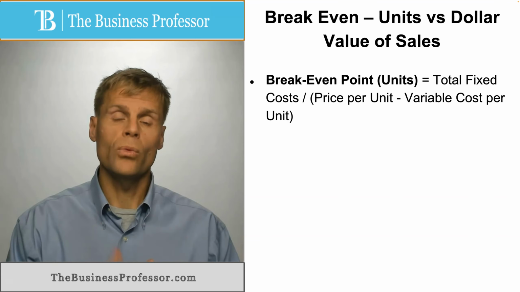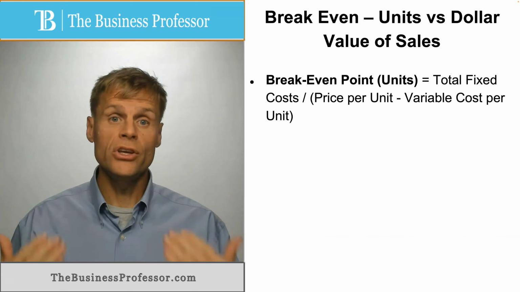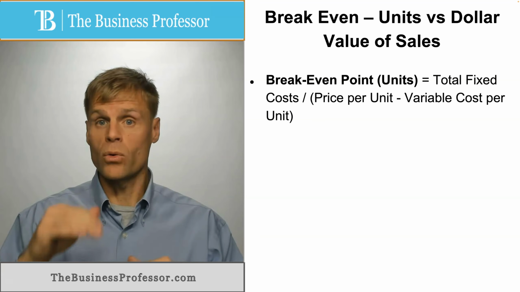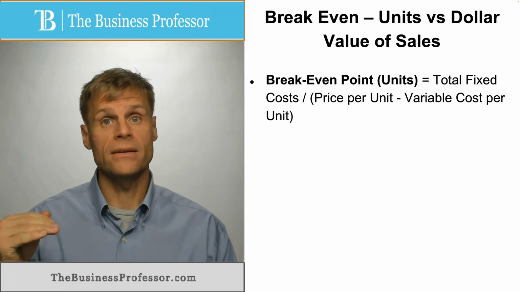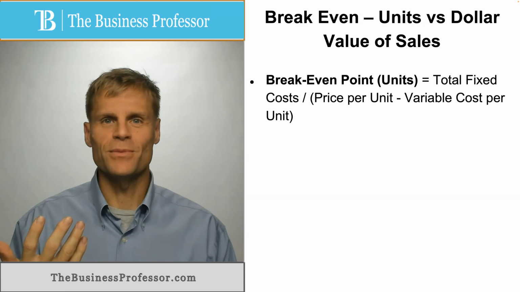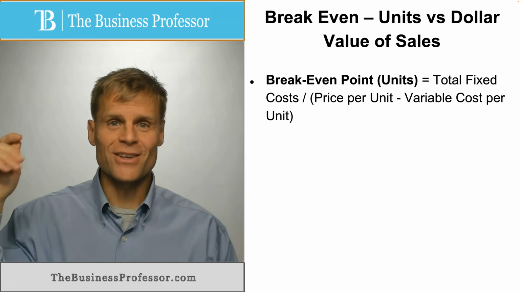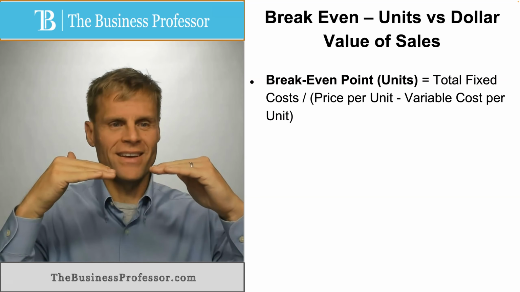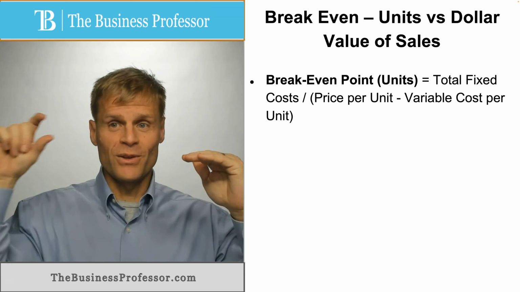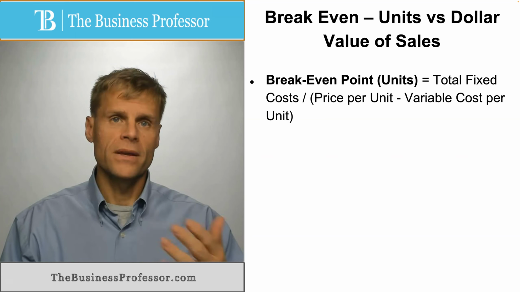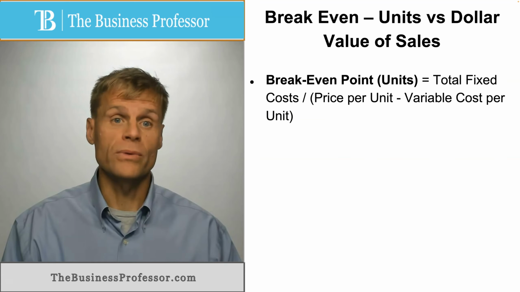That would give you the total number of units that you would need to sell in order to reach that break-even point. Oftentimes it's not going to be an even number. It'll be some fraction of a unit. So it's going to fall in between the sale of unit n and unit n plus 1, the next unit. But anyway, it will tell you at what point you reach break even.